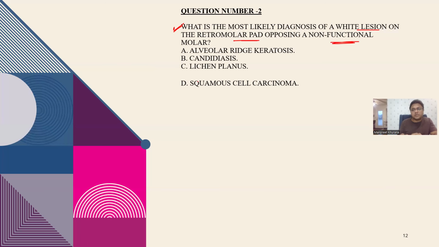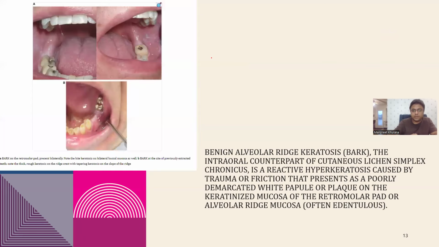Sometimes we can solve the question based on exclusion, right? So let's first understand all four options, and then we'll come back to the question and see how we can solve it. On the left-hand side, there are three pictures, and we are talking about BARK, benign alveolar ridge keratosis.